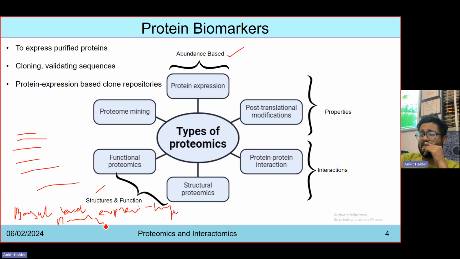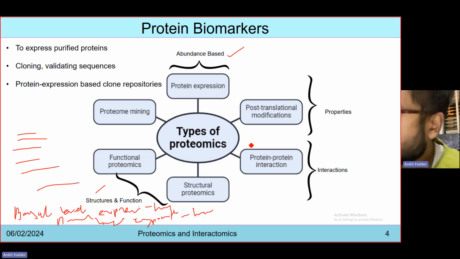Basal level means the expression in the normal condition only. Now, to compare, we should understand which particular protein.